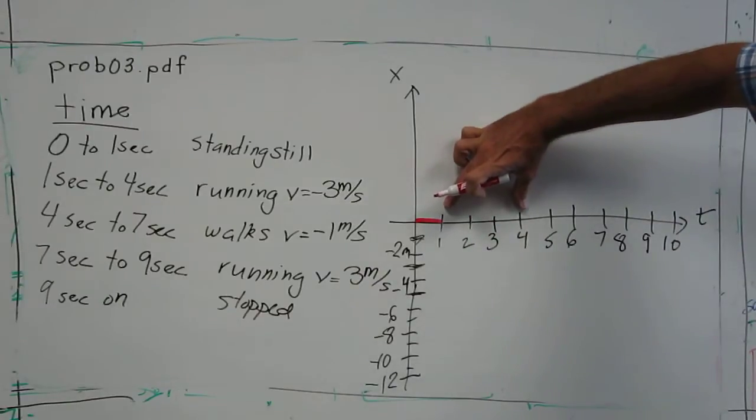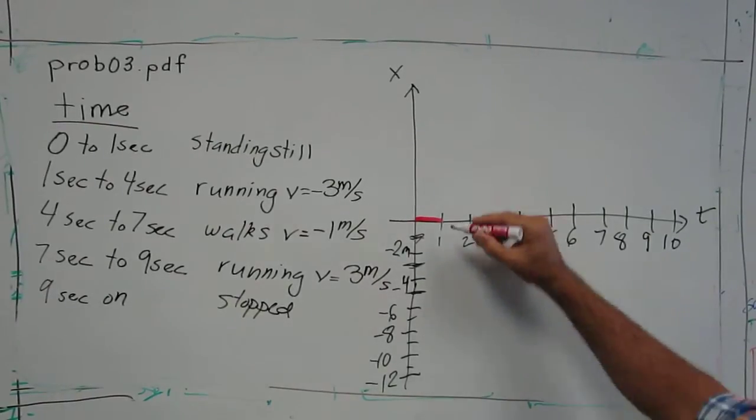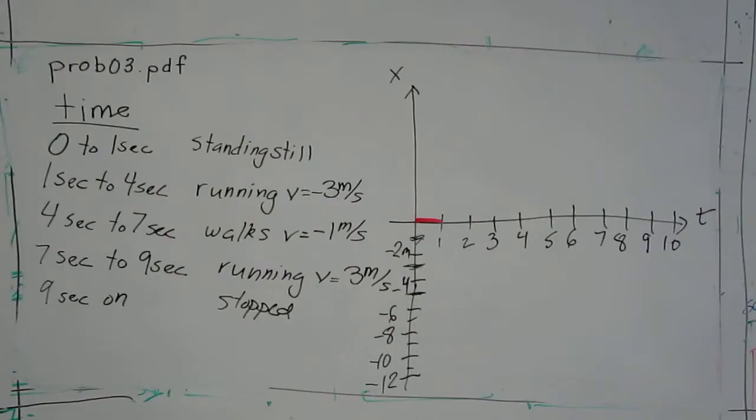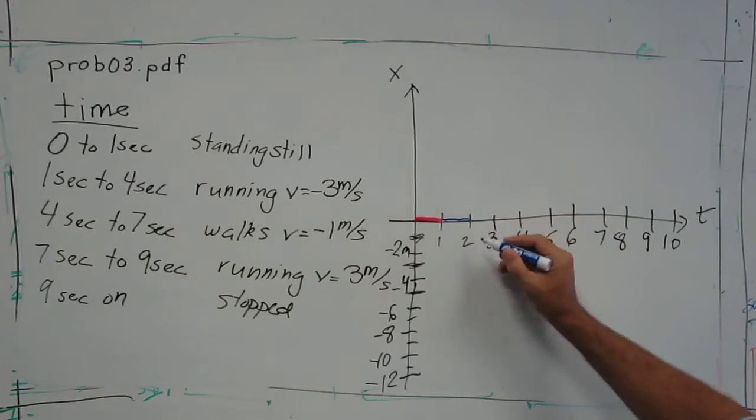It's this time interval here at minus 3 meters per second. And so what this means, in 1 second then, they go negative 3 meters. So I'm going to do this actually in a different color and then draw the line in the end. So if I go in 1 second, they go -3.